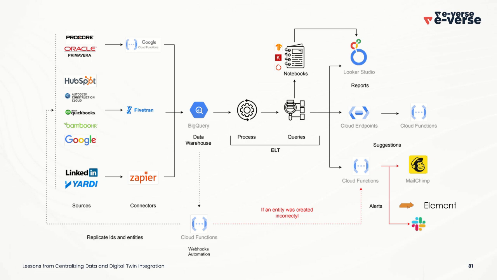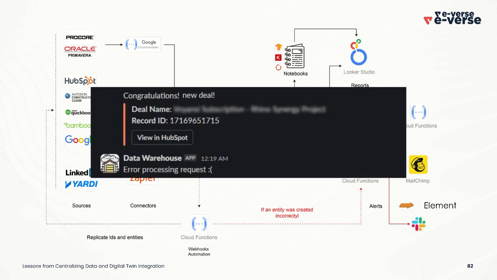And if an entity was created wrong, we'll just get a notification through email or through Slack, which is the messaging software the owner was using, to let them know, you know what, someone has created this entity wrong, and you have to go there and fix it. So that was also hard.